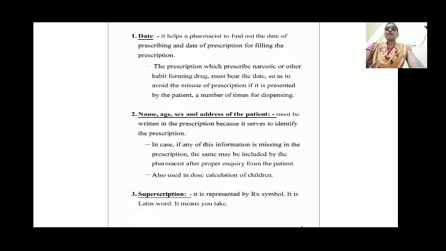And the name, age, sex and address of the patient help to identify the patient. The prescription must be in a written format, and if any of this information is missing, the pharmacist may include it after proper enquiry from the patient.